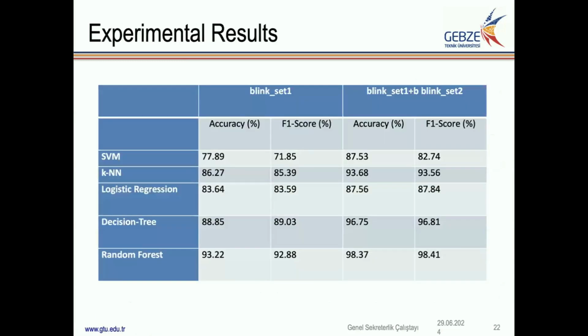We use standard classical machine learning algorithms: SVM, KNN, logistic regression, decision tree, and random forest. Then we get accuracy and F1 score for these. We found that random forest gives the highest accuracy and F1 score for BlinkCent 1. As you see, we get very promising results.